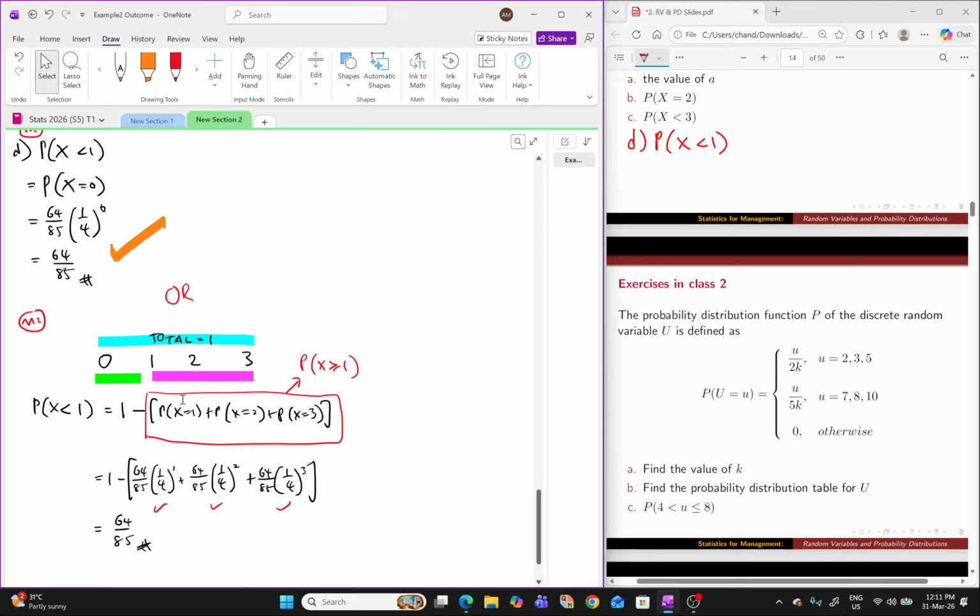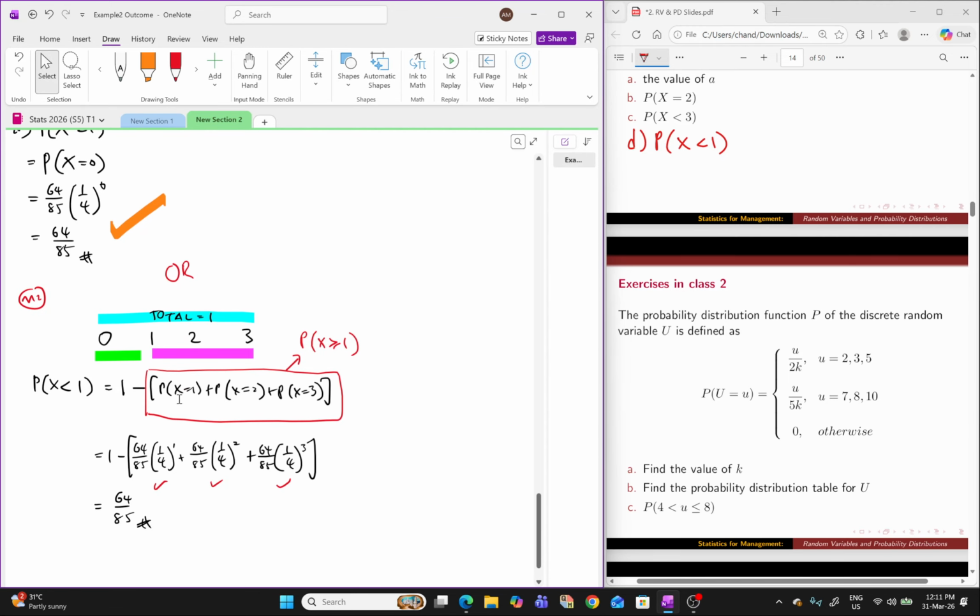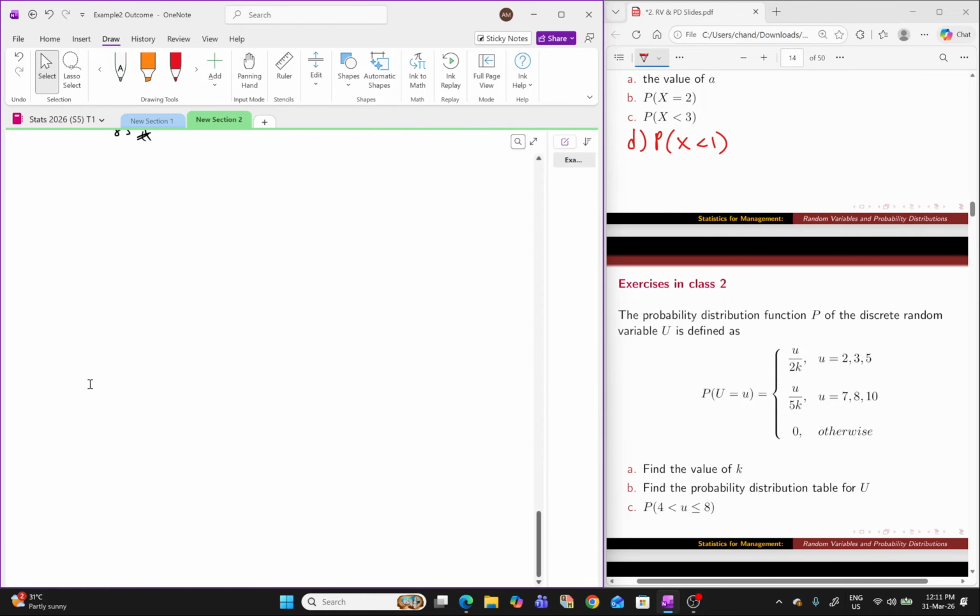Now exercise in class, exercise 2. Saya bagi masa sikit. You orang cuba exercise 2. Exercise 2 ni sama macam exercise 1, tapi exercise 2 tak perlu hantar saya. Exercise 1 saja tadi.